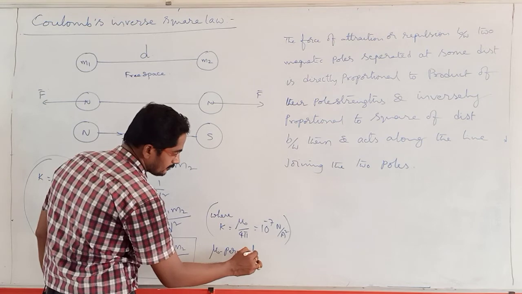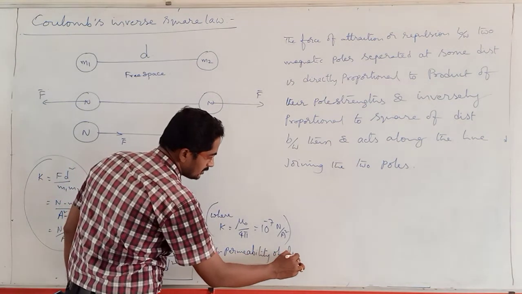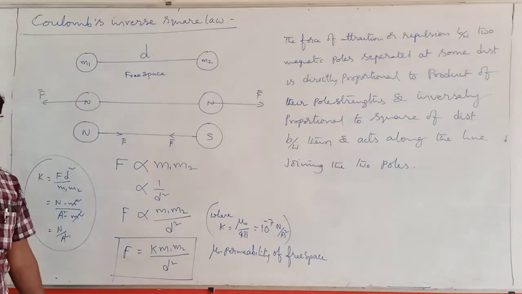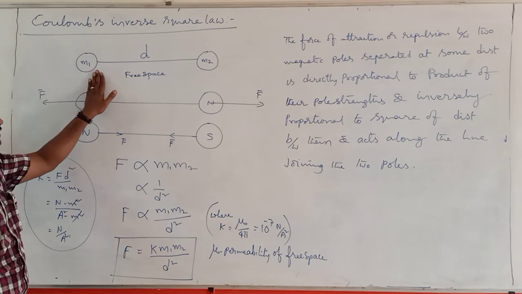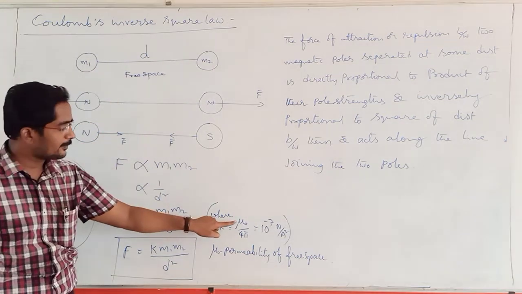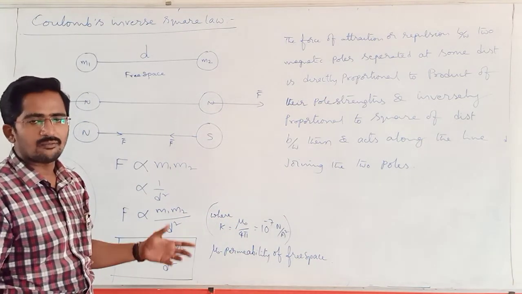This is the k value, where mu naught is called the permeability of free space, because there we consider the poles in free space or air. So whenever the poles are considered in free space, we get mu naught. Mu naught means permeability of free space, air or vacuum.